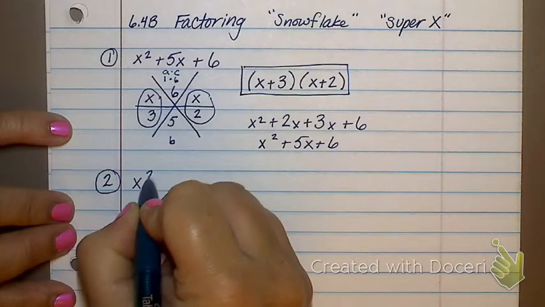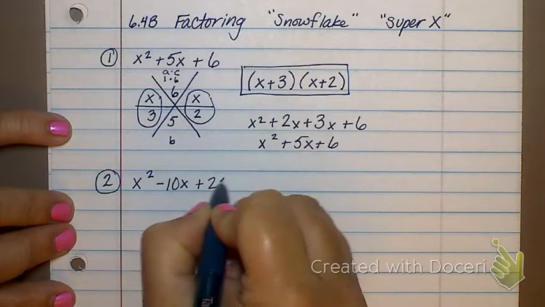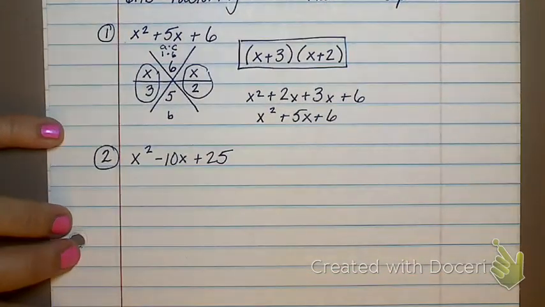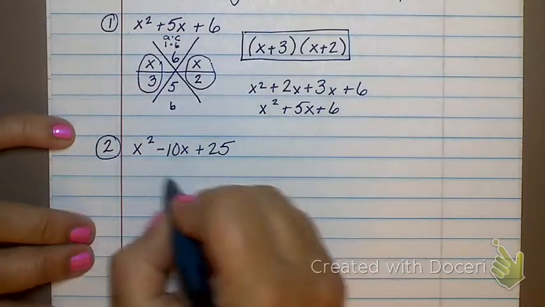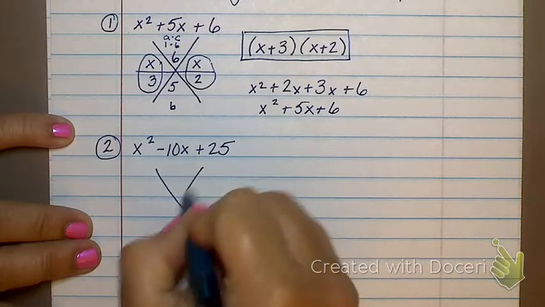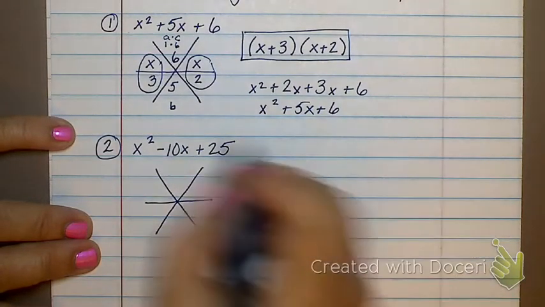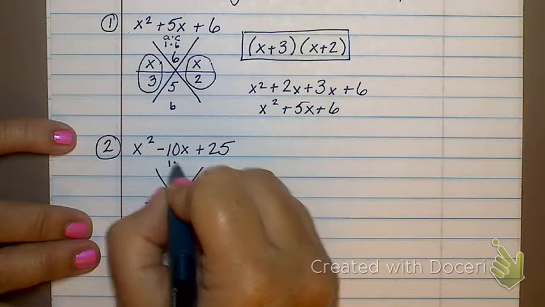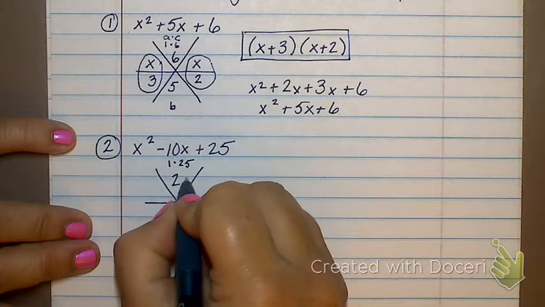All right, x squared minus 10x plus 25. What's going to go on the top? A times c, which is 1 times 25, which is what? 25.